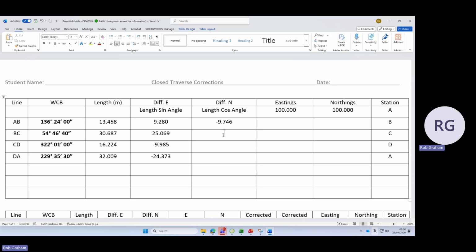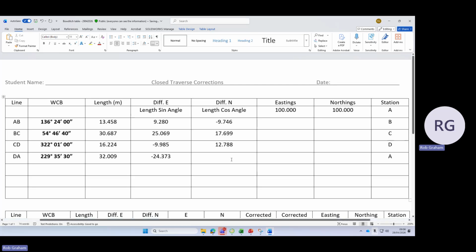And we're getting a figure there of 17.698, sorry, 699 to 3 decimal places. Next then we have 16.224 cosine 322 degrees 0100, and we close the brackets, and we're getting a positive figure there of 12.787, and we actually round that up to 3 decimal places, 788.